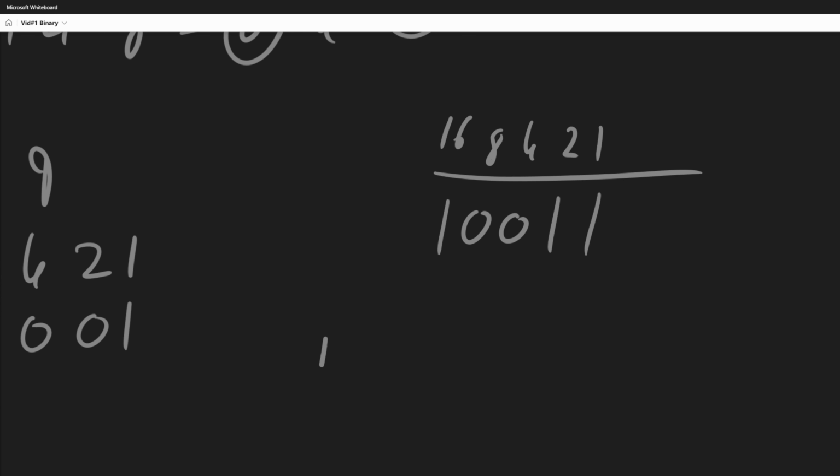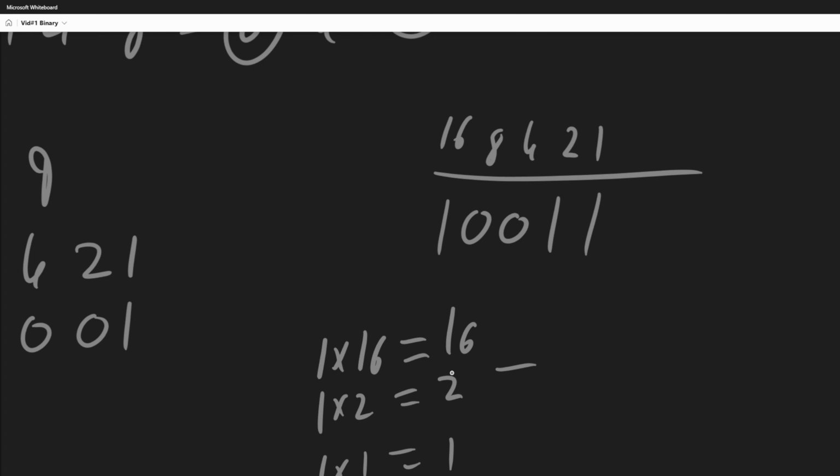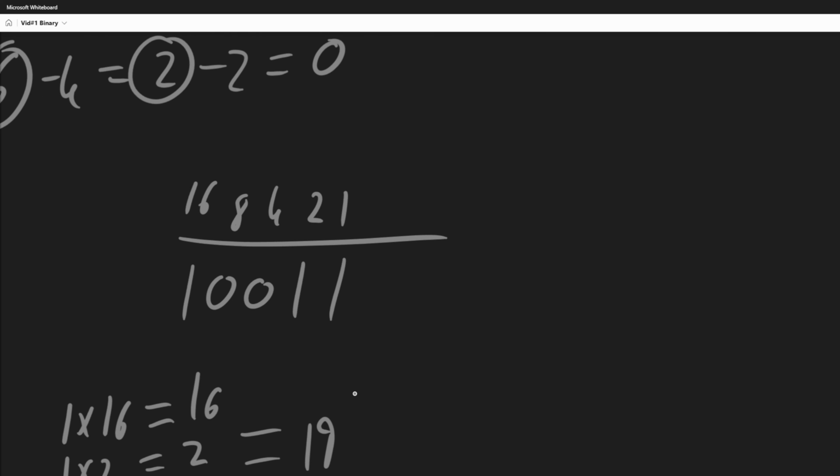We can do 1 times 16, because there's a 1 in the 16 column, plus 1 times 2, because there's a 1 in the 2 column, and 1 times 1, because there's a 1 in the 1 column. Put these all together, and we get 19.